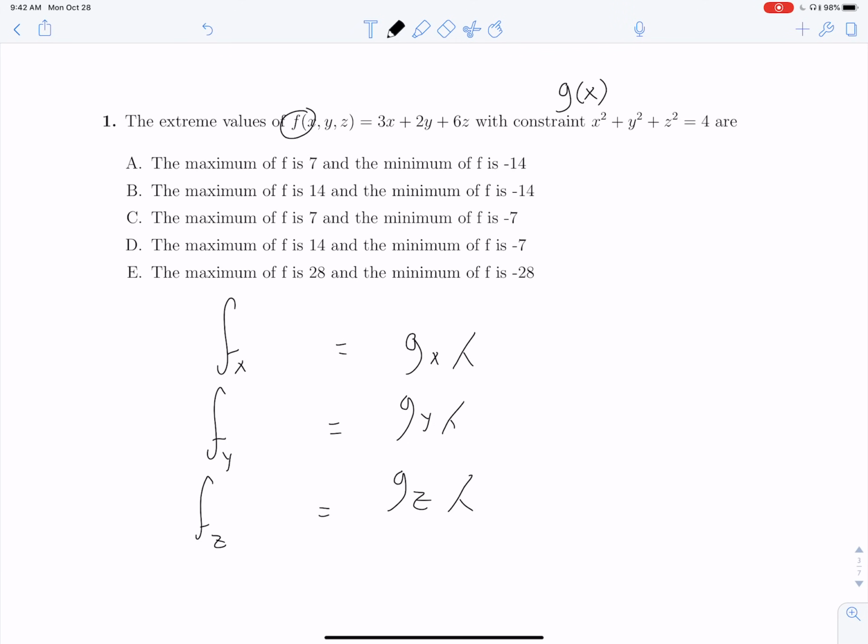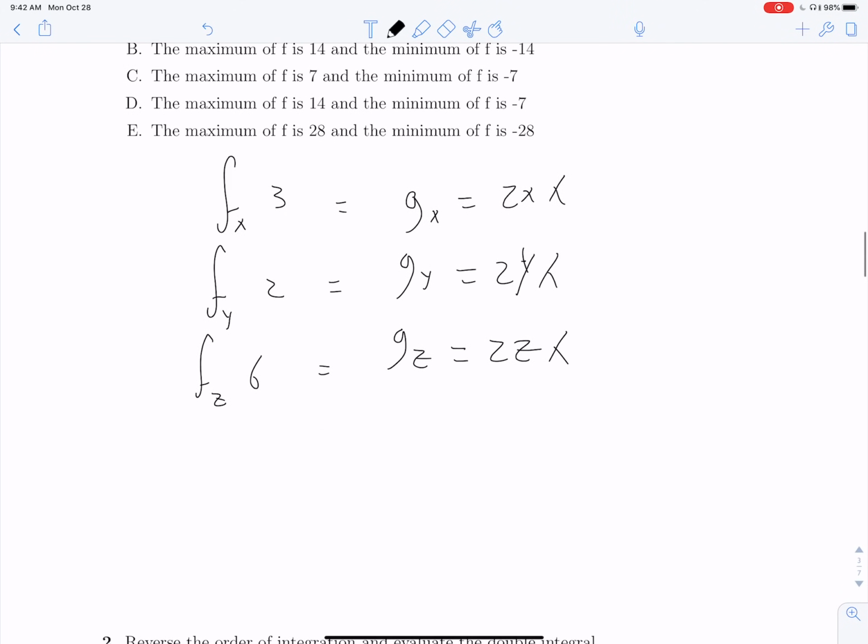So let's find these. These are pretty easy to find. fx is 3, fy is 2, fz is 6. And then on the other side, our gx is 2x lambda, gy is 2y lambda, and gz is 2z lambda.